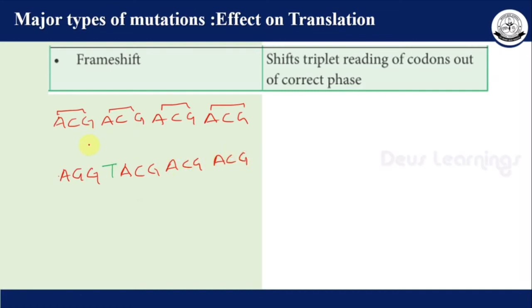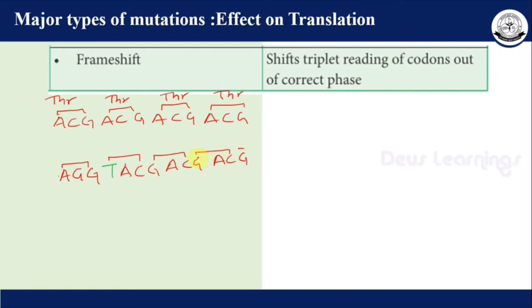ACG codes for an amino acid called threonine, and you know that the reading system is triplet.